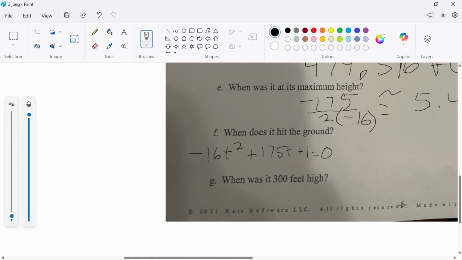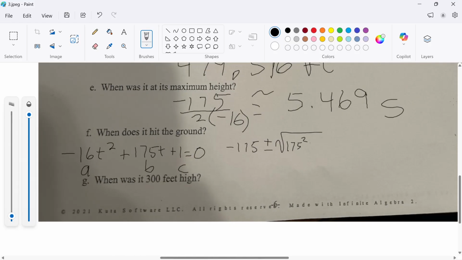But the quadratic formula would be, this is at squared plus bt plus c. I would do negative 175 plus or minus the square root of 175 squared minus 4 times negative 16 times 1, all divided by 2a, which is 2 times negative 16, which is negative 32.